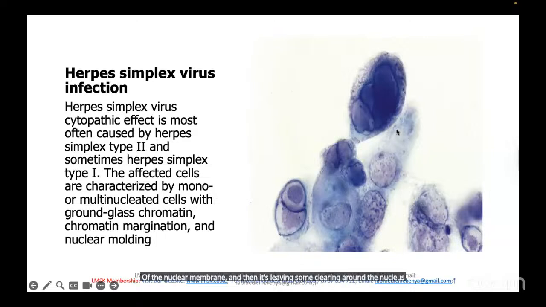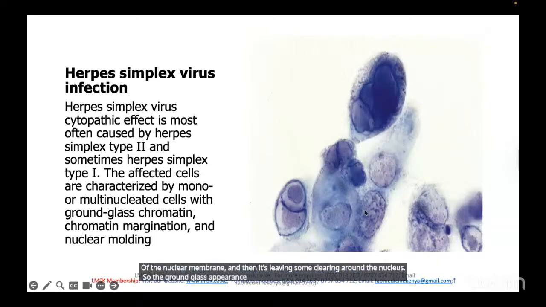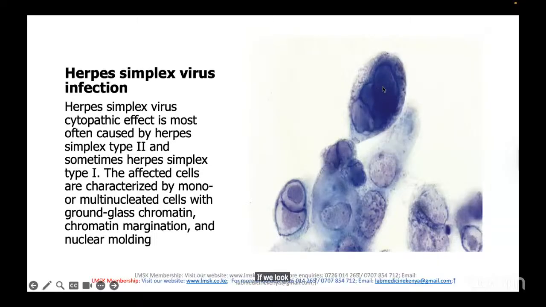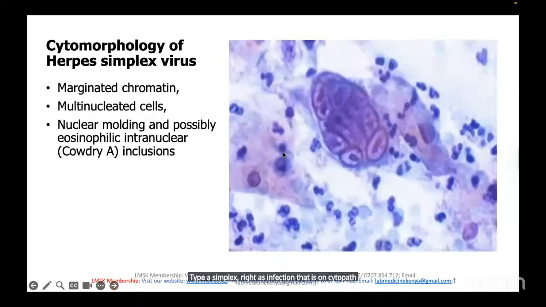So the ground glass appearance is what we are seeing. If we look at this cell, we have about 3 nuclei in one cell. These are 2 in one cell. So these are features of herpes simplex virus infection on cytopathology.